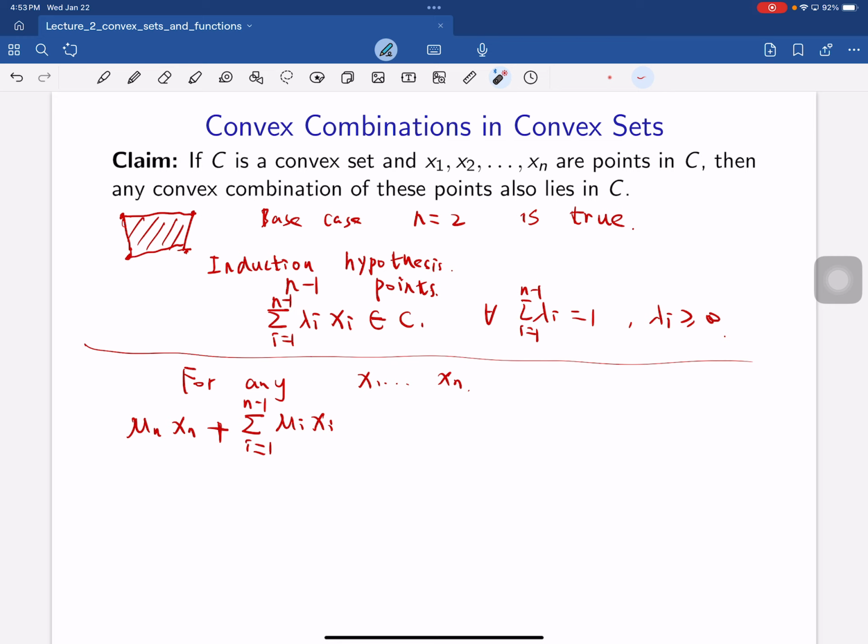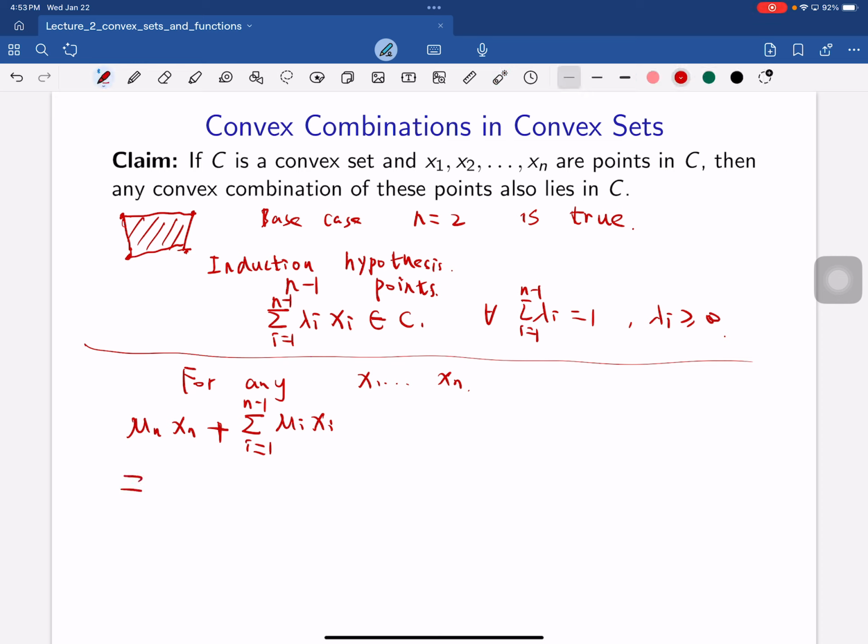Because you already know that for any convex combination of n minus 1 points, it is true, right? So you want to construct some sort of convex combination of n minus 1 points.